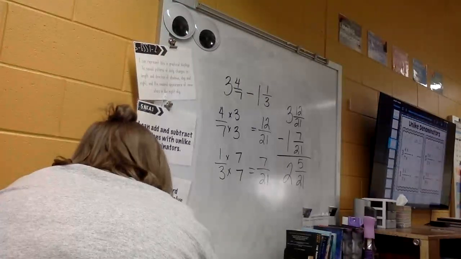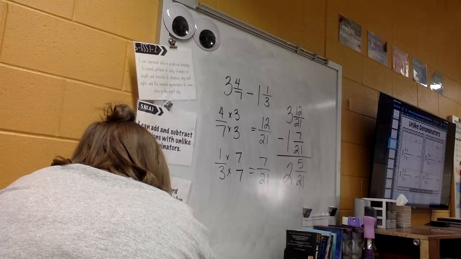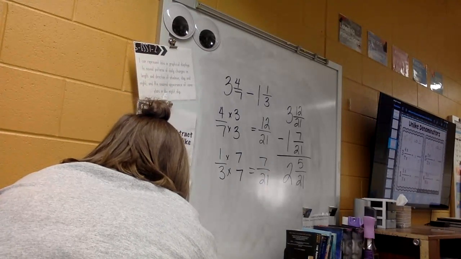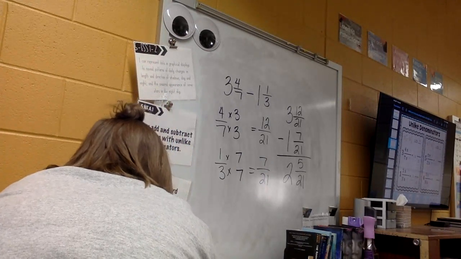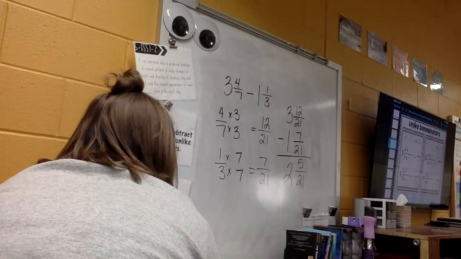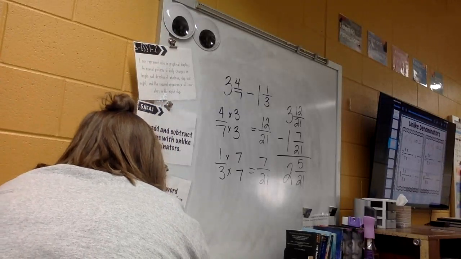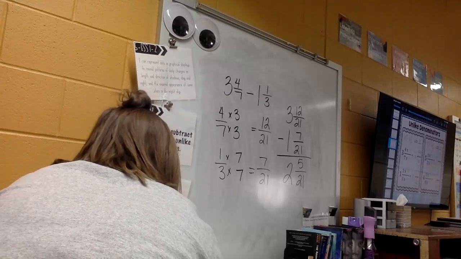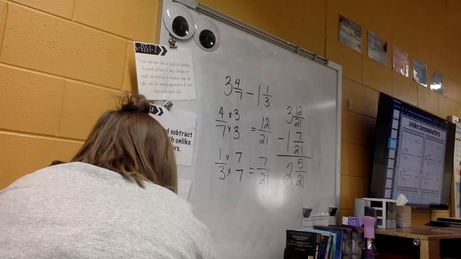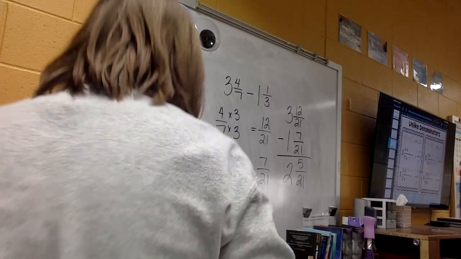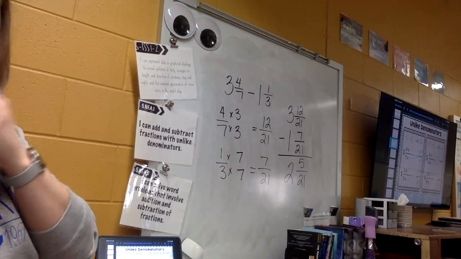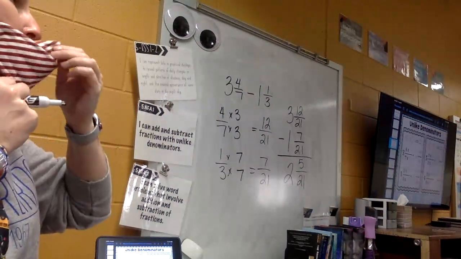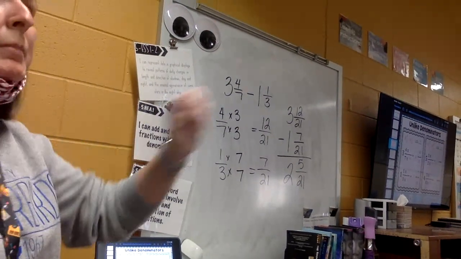If we can simplify, do we have to? Audrey asked if you can simplify, do we have to simplify? Yeah. Now that you know how to simplify, that's not an option. How would you simplify the whole number? You know how to simplify.